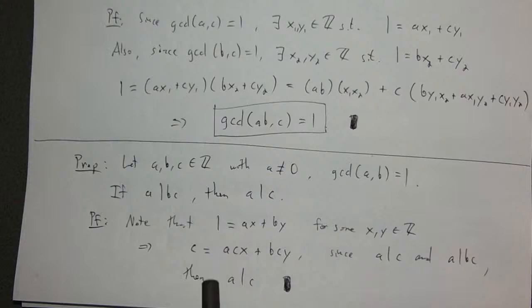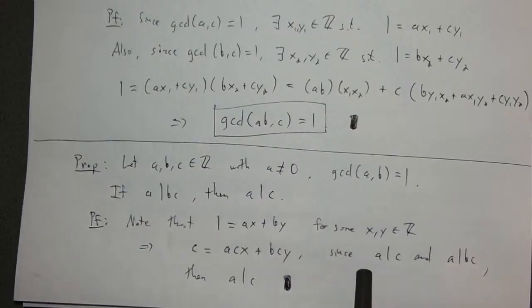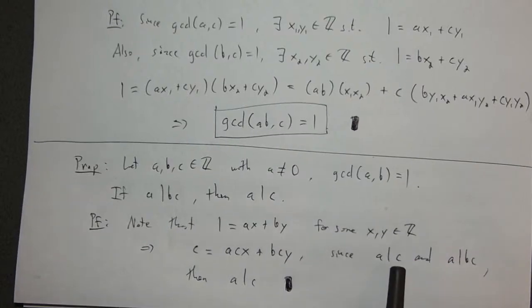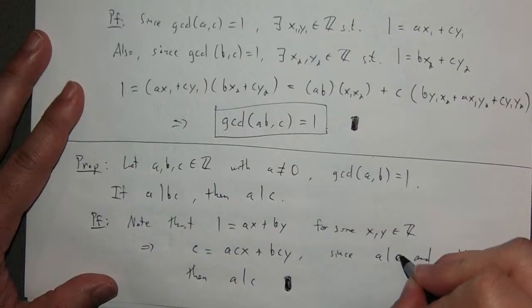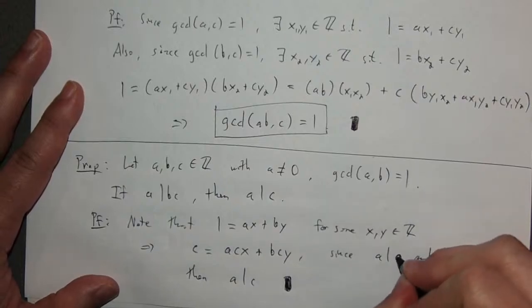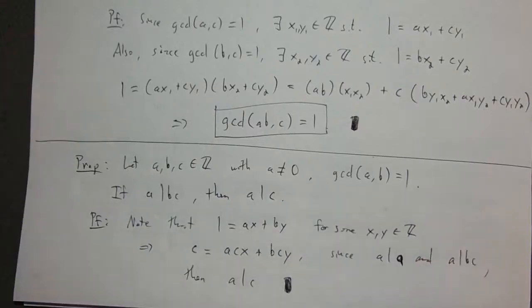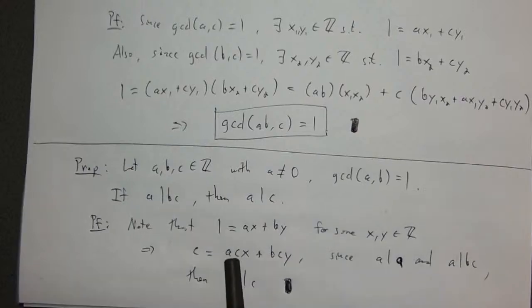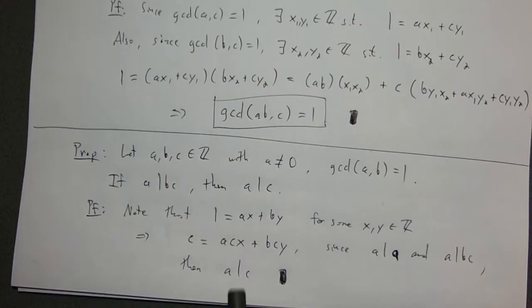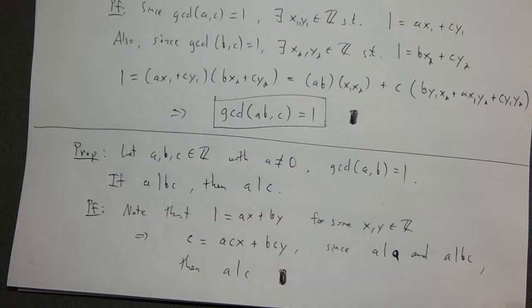Here, A divides, oh, wait a minute. This is stupid. This would be circular, right? I can't say that A divides C. This is wrong. Well, I didn't need that, though. I just need A dividing A. Right? So there we go. Now we have a hope of being right here. So A divides A, and A divides BC. So A divides this term, A divides this term, thus A divides C.